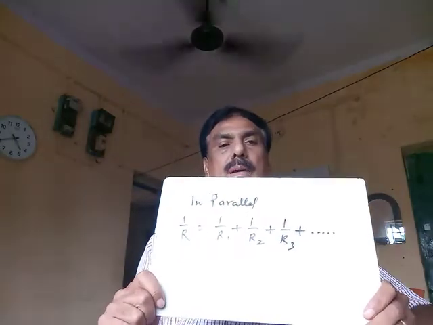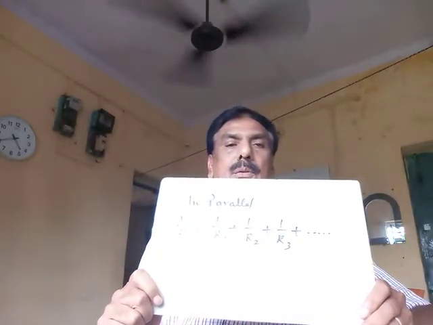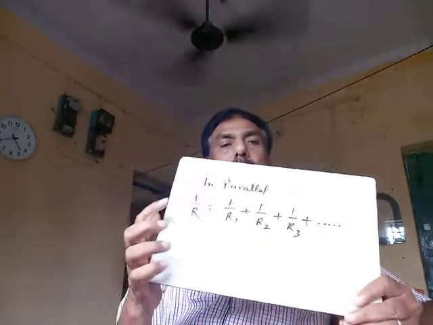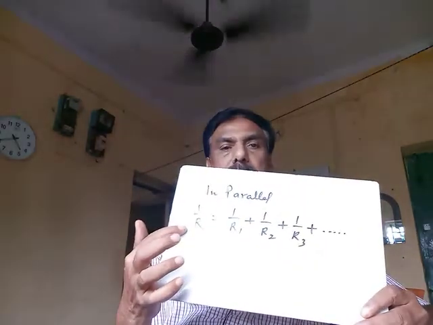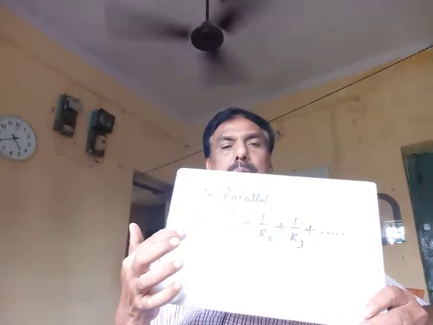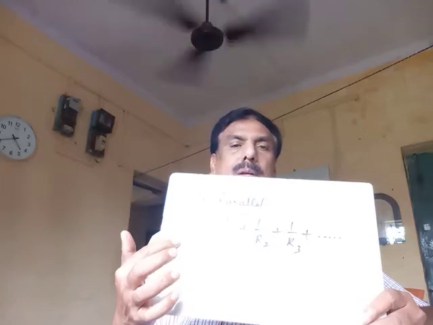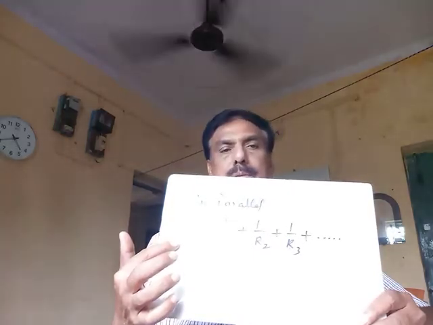Now in case of parallel, again resistors connected in parallel, the equivalent resistance is given by this: 1 by R is equal to 1 by R1 plus 1 by R2 plus 1 by R3.